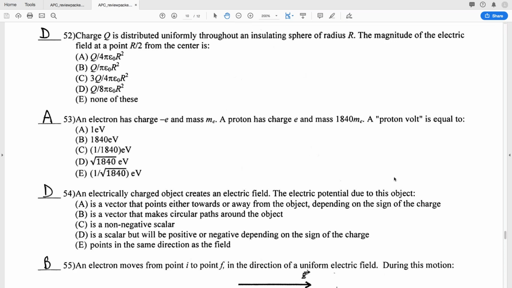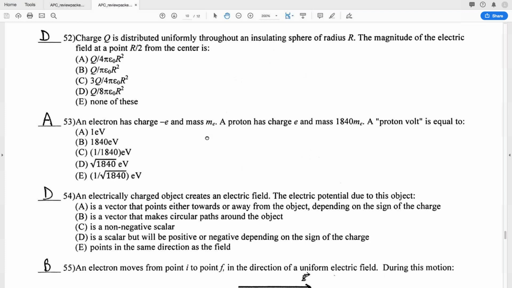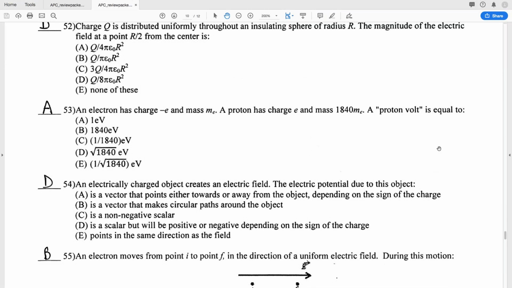So for starters, even though this wasn't asked specifically in question 53, let's take a look at the equivalent of 1 electron volt. It's going to be the number 1.6 times 10 to the negative 19. Now that number should look familiar to you because that's how many coulombs are in the fundamental unit of charge.